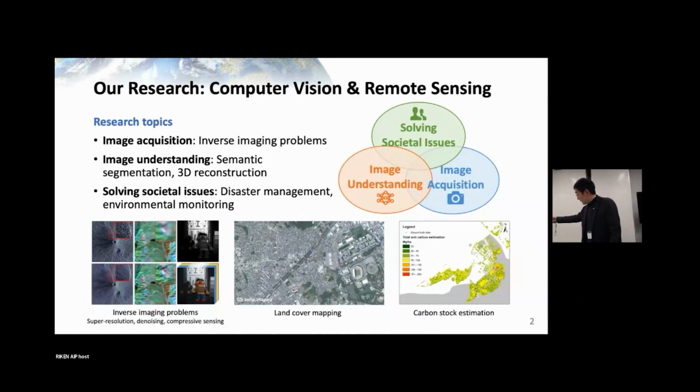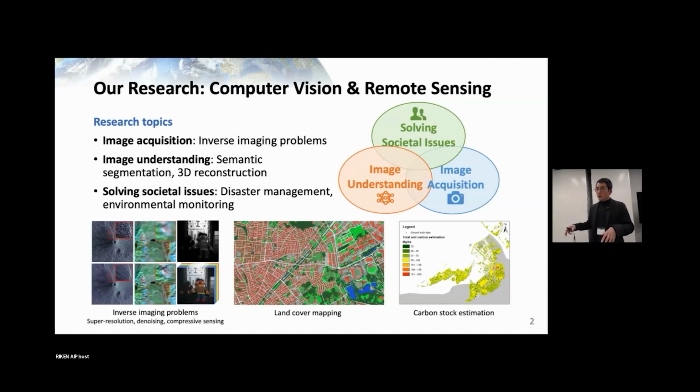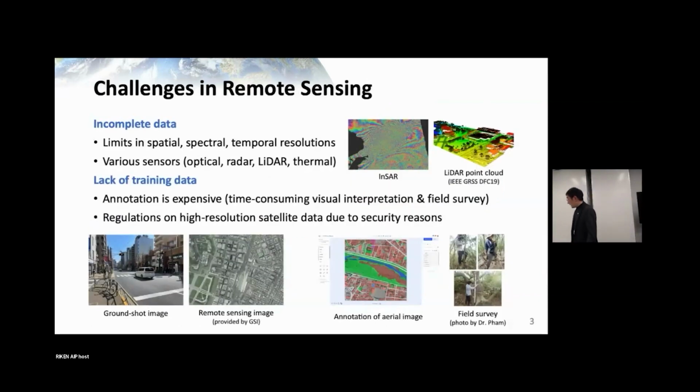Remote sensing images are like this, as shown in the middle. Main tasks include semantic segmentation and also 3D reconstruction from those image data. And based on these techniques, we are also working on solving social issues through disaster management and also environmental monitoring.